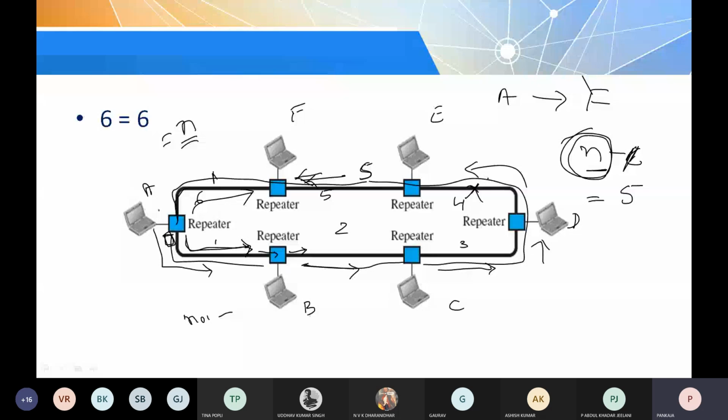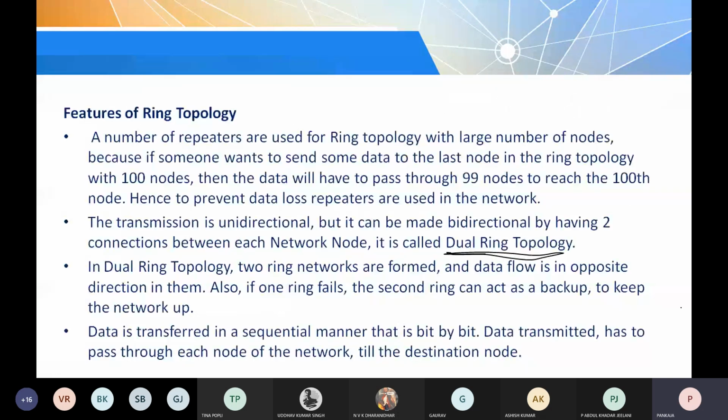The data received from this node will automatically switch to the second ring, and that second ring is going to send the data further. Only when a link failure occurs, the second ring immediately takes the action of sending the data to the destination. This indicates the robustness. Whenever there is a failure, it can be recovered immediately using dual ring.